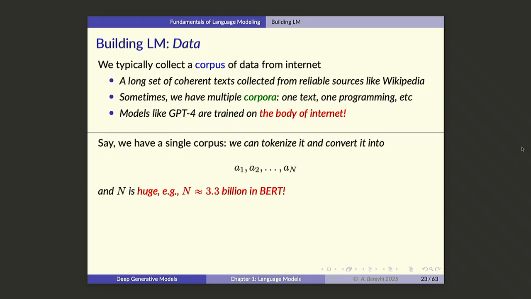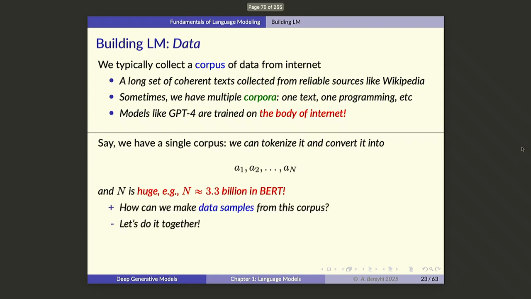But if you want to train on the data set, should you compute your loss over the whole data set? Can you do it in one shot? Can I take my model, run the whole data set, and find out the loss of this model? No, this is not going to be the case. What we essentially do is collect data samples from it.